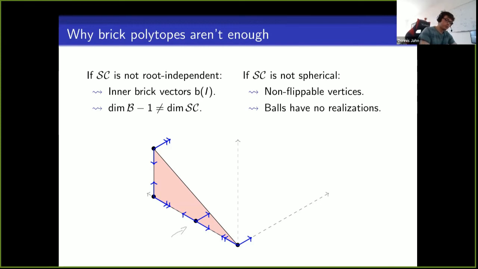And these non-flippable vertices correspond to root configuration arrows that point outwards of the brick polytope. So these two, for example, would be two non-flippable vertices in the facet that corresponds to this brick vector. Here we have one, and here we have another one. And the last thing to see is that this edge right here, this diagonal edge, has no interpretation in terms of Subword complexes at all.